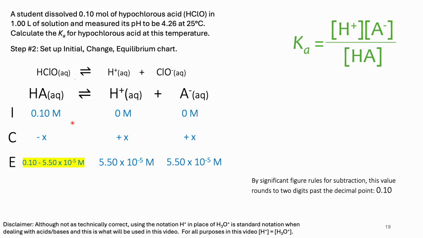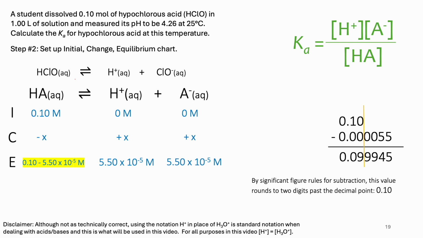Now we can go ahead and do that calculation. We can take 0.1 minus 5.5 times 10 to the negative fifth molar. And if you were to put this into your calculator, you would get a value of 0.099945 molar. But thinking back to significant figures, when we're performing the operation of subtraction, the number of significant figures that we keep is the same as the value with the least number of digits past the decimal point.